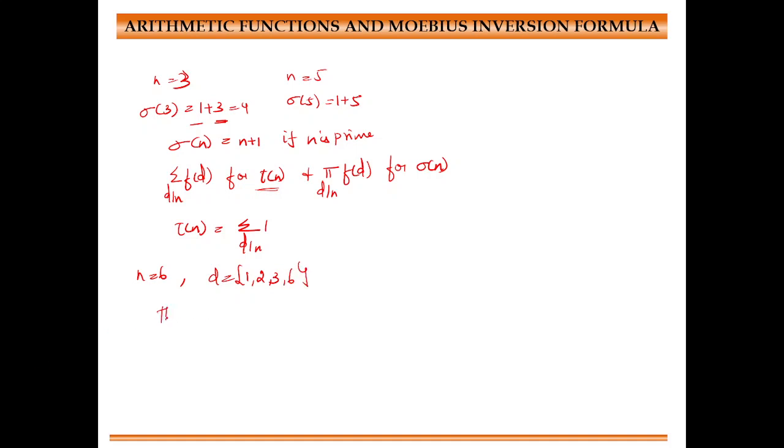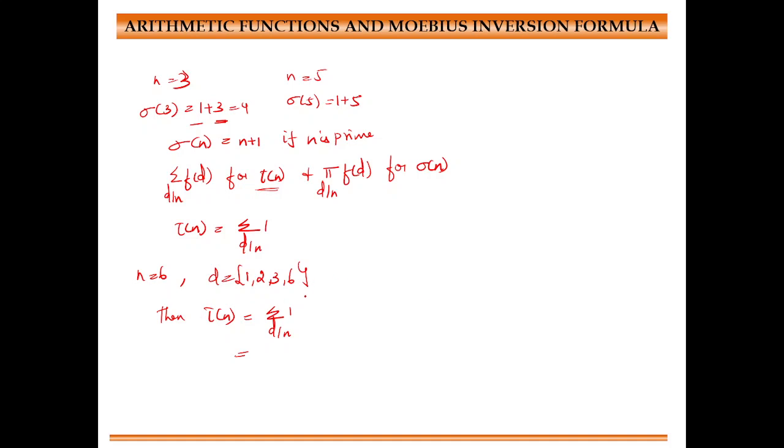Then tau of n is equal to summation of 1 over d divides n, which is equal to, if 1 divides 6, then the count will be 1. If 2 divides 6, then the count will be 1. If 3 divides 6, then the count will be 1.